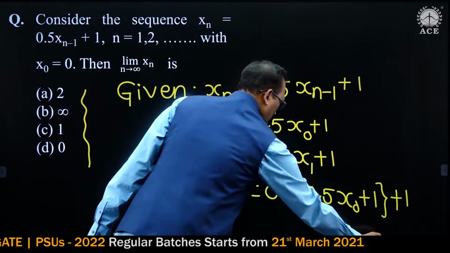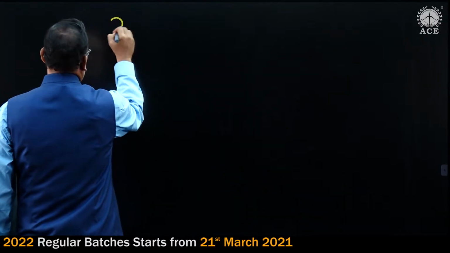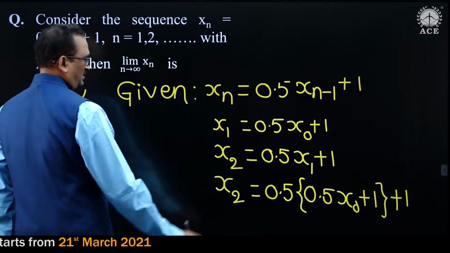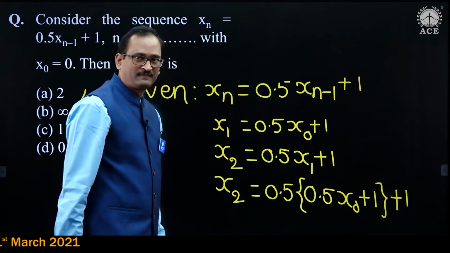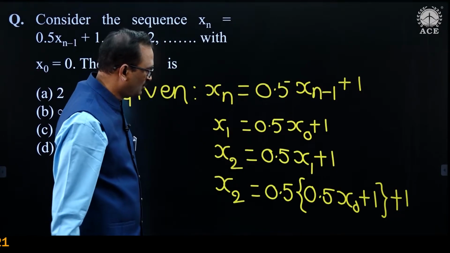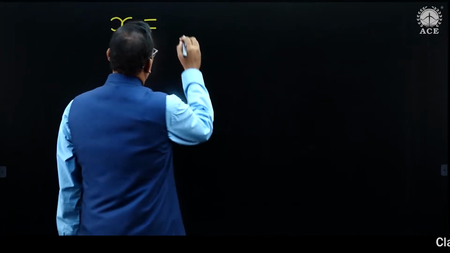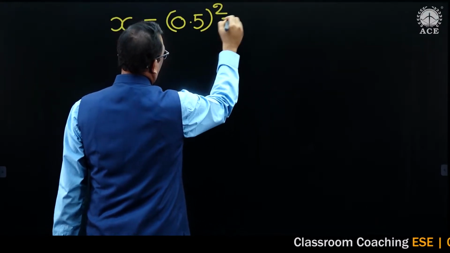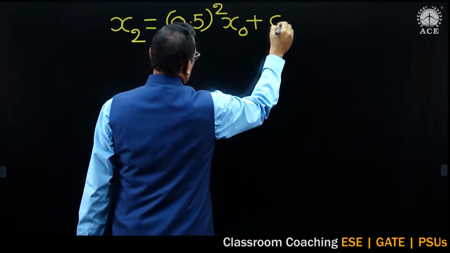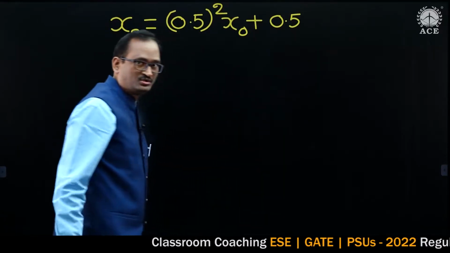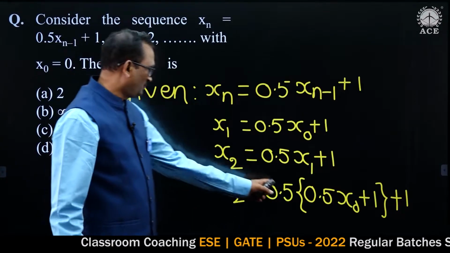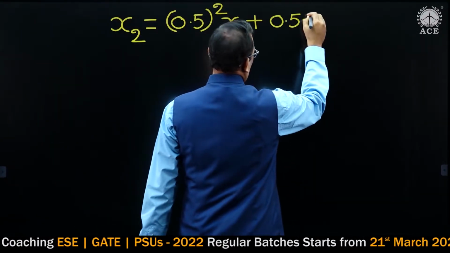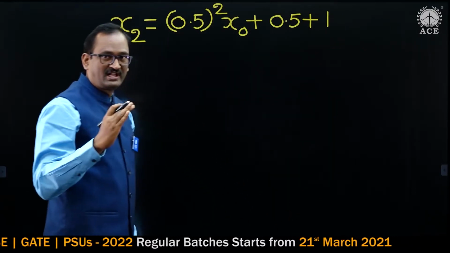Now x2 is equal to 0.5 into 0.5, that is 0.5 whole square into x naught, plus 0.5 into 1, 0.5, plus 1. This is the value of x2.